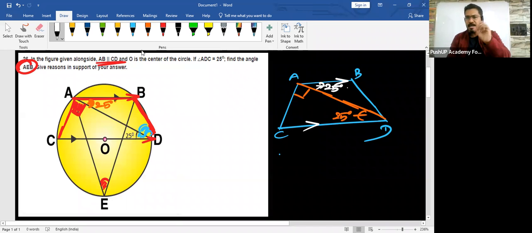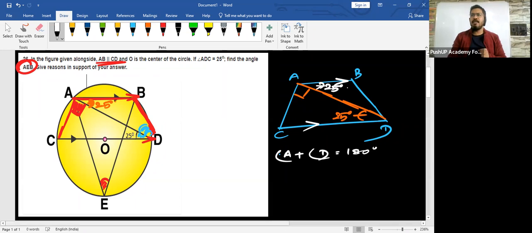That means if you take the sum of the two opposite interior angles, that would be equal to 180 degrees. So I can very simply say angle A plus angle D should be equal to 180 degrees. Am I making sense? The sum of this angle A and this angle D is equal to 180 degrees.